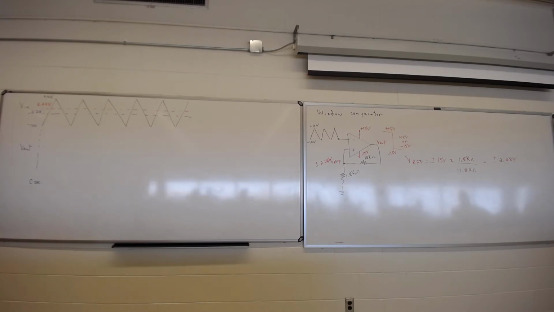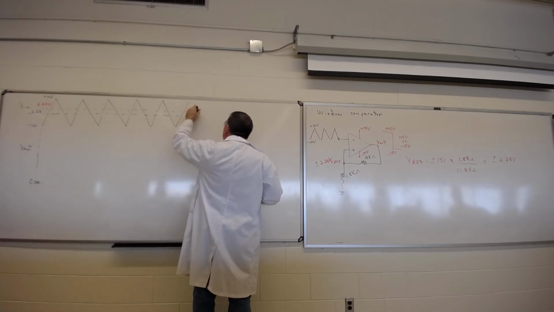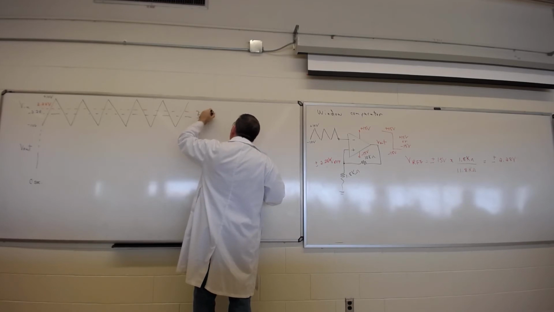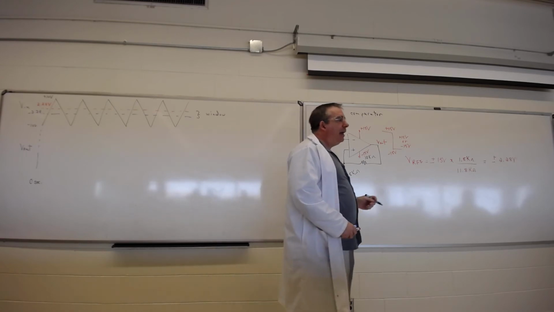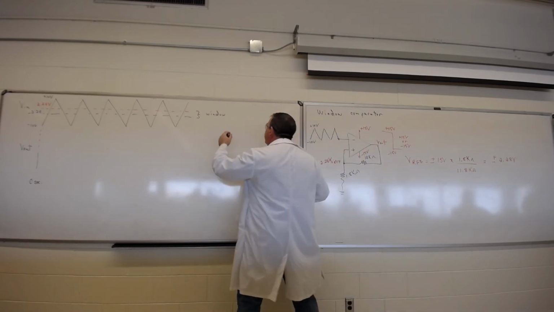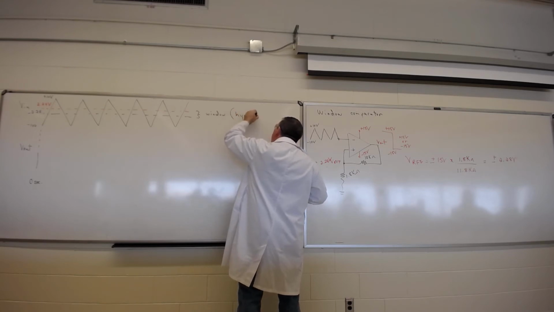Now, you'll notice we've got these two thresholds. That's what they call the window right there. This is the window we talked about when we call that a window comparator. And that little ditty of a window, we could also refer to as hysteresis.